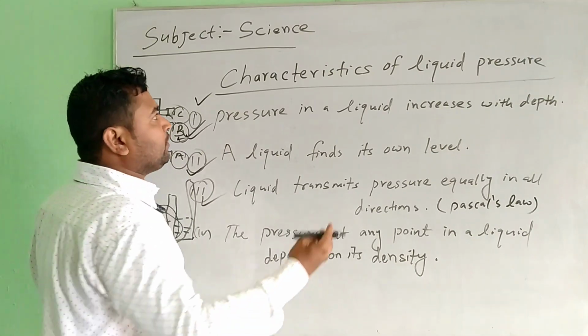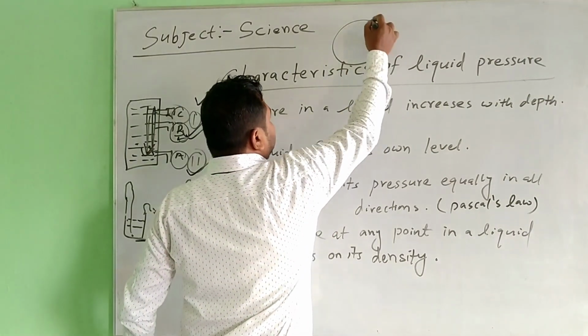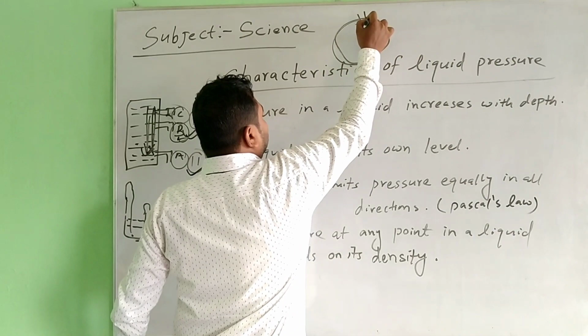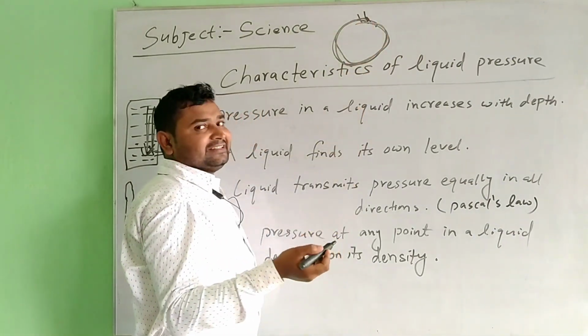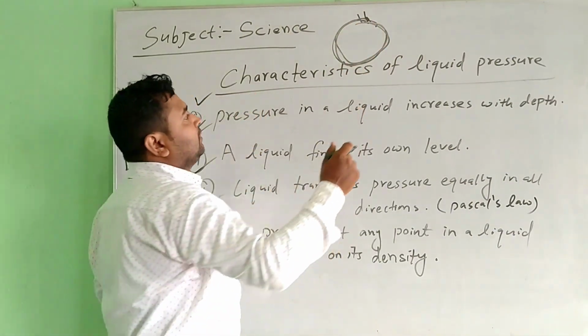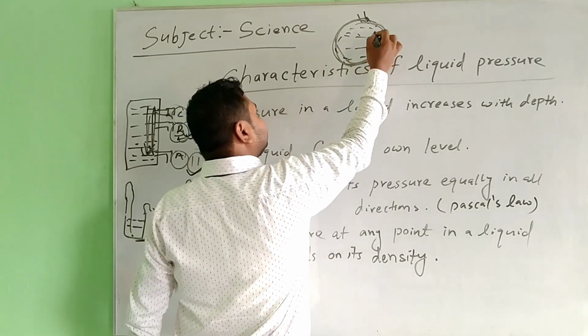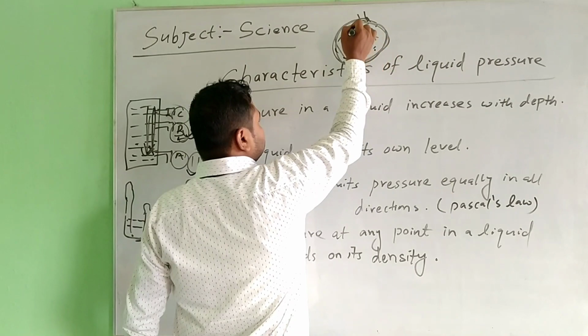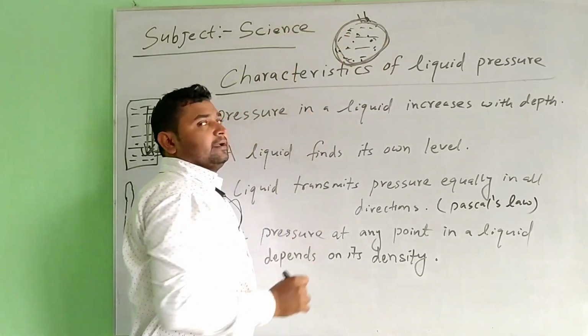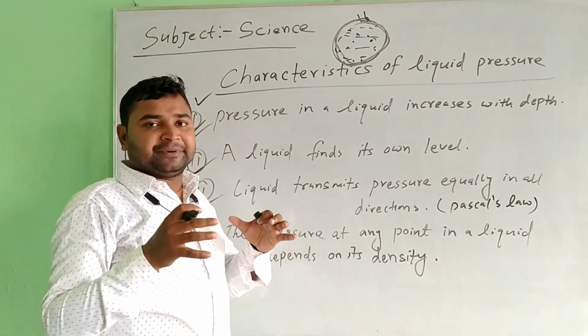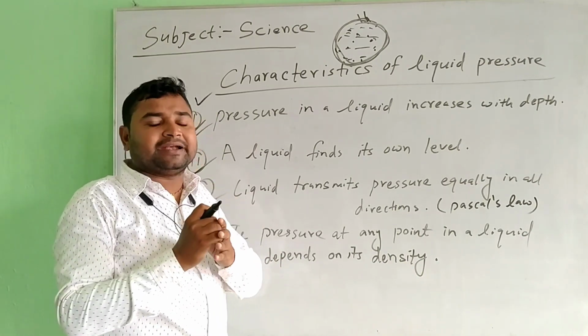So we take one container, suppose this is a plastic bottle. Inside the plastic bottle we fill water and make holes of equal diameter. Then exert pressure above the mouth of the plastic bottle.